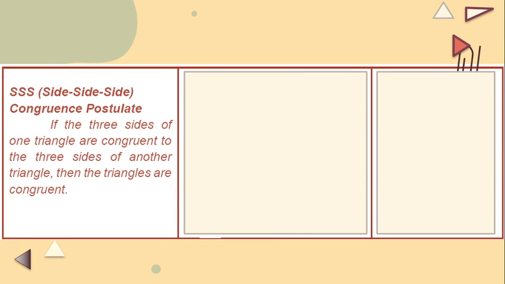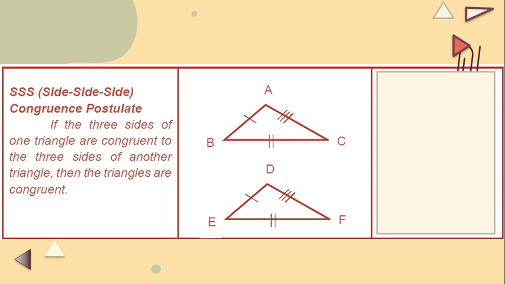So, we have SSS or the side-side-side congruence postulate, which states that if the three sides of one triangle are congruent to the three sides of another triangle, then the triangles are congruent. Ito yung ating example or illustration ng SSS postulate.